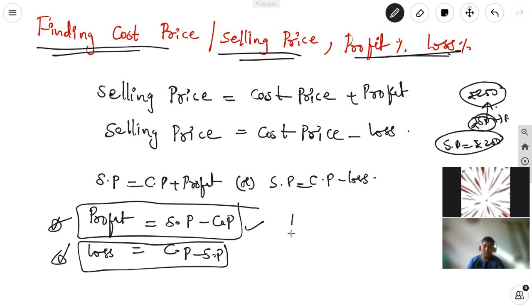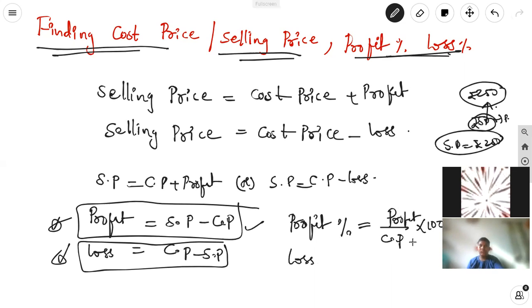Important. How to get the profit percentage? Profit percentage equals profit amount divided by cost price, into 100. Loss percentage equals loss divided by cost price, into 100.